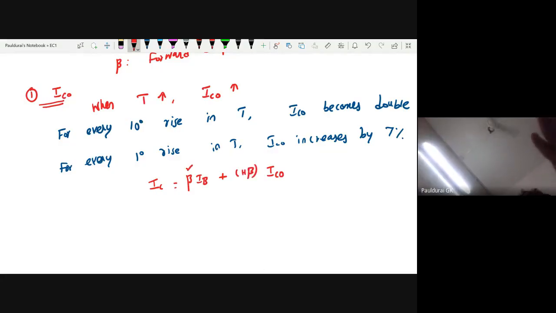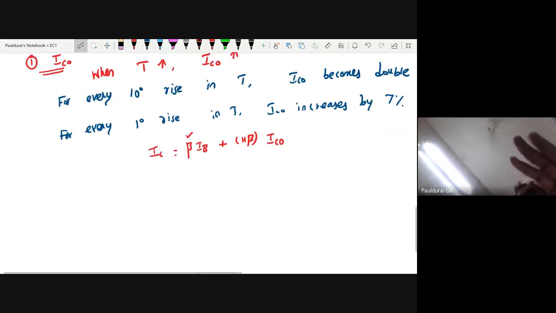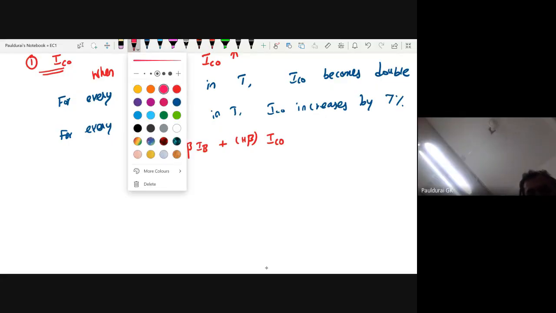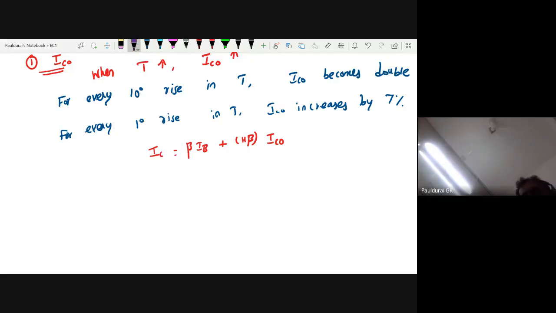This equation, how it came, yesterday we derived it, right? So what is the conclusion? When ICO increases, IC increases. If IC increases, then what will happen to the Q point? Then the Q point will be shifted. That we will discuss.